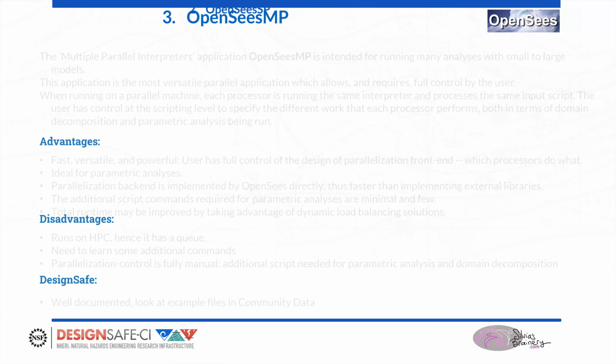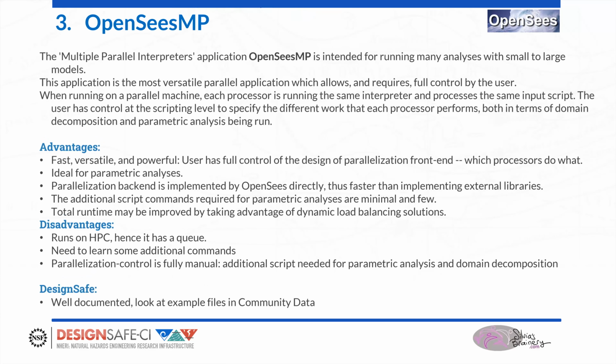If we switch over to OpenSeesMP, which is the multiple parallel interpreters, now you get a lot of fun, let's call it that. It's the most versatile because it allows you, but therefore requires, full control by the user. Each processor interprets the same script. It's all done in one script.